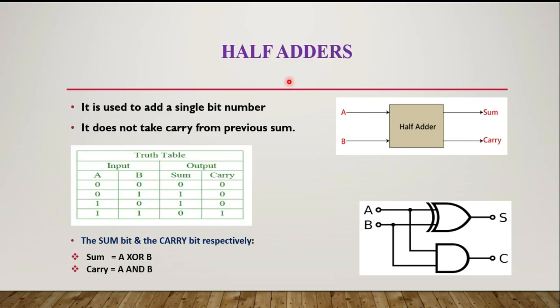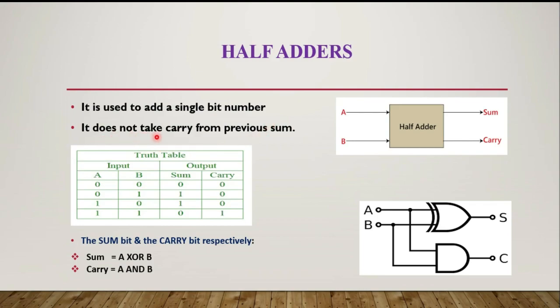Okay, half adder is a combinational logic circuit which is designed by connecting one XOR gate and one AND gate. The half adder circuit has two inputs A and B which add two input digits and generates a sum and a carry. It is used to add a single bit number.